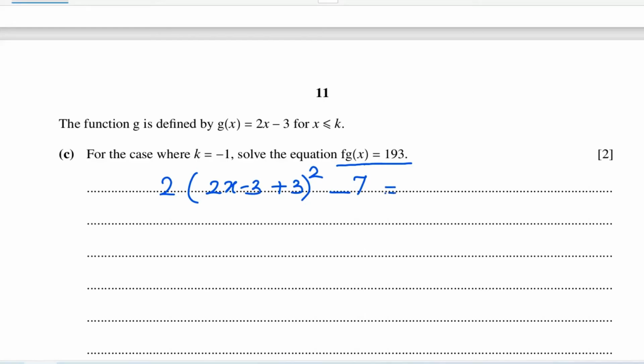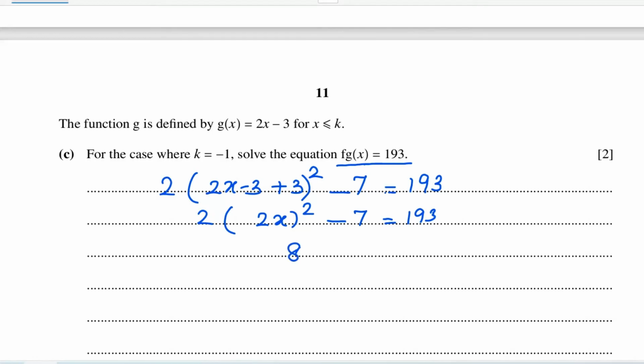It's given this is equal to 193. So 2 multiplied by (2x) squared minus 7 equals 193.